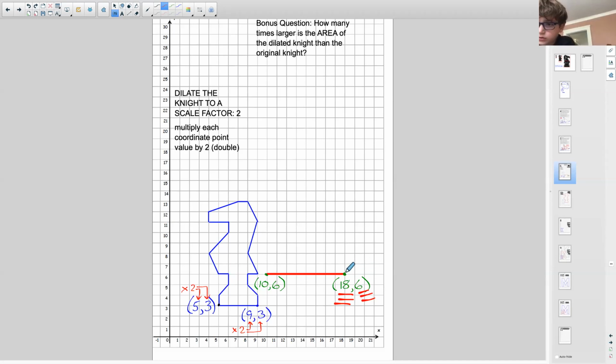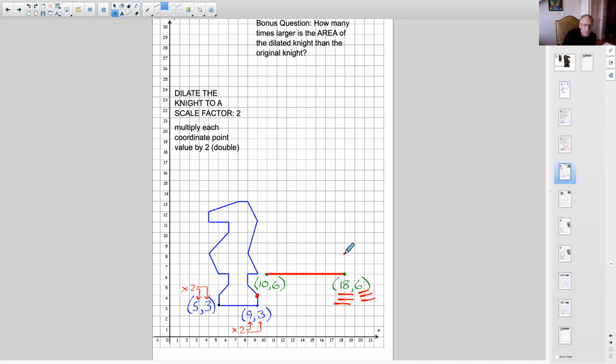Now everybody locate the point 18, 6 and draw a line across. You already should have a line on your page. Now I'm looking at point 9-4. For point 9-4, I have to double the 9 and double the 4.